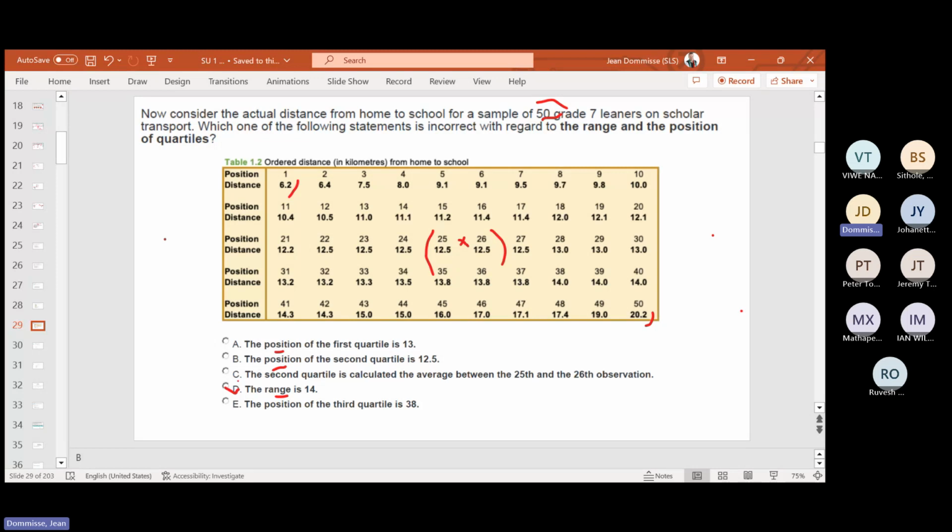The definition they gave is correct, because your second quartile is calculated by looking at the average of those two numbers.